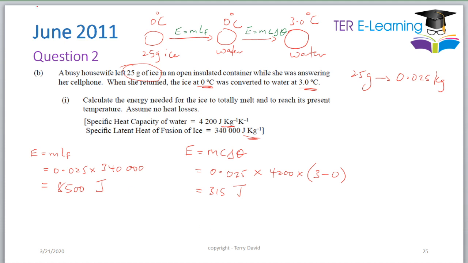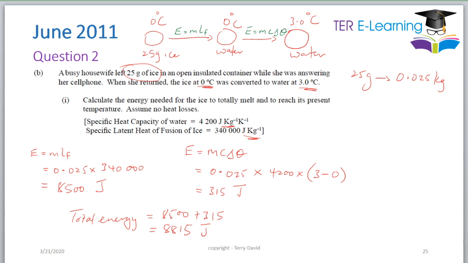So now my total energy will be equal to the 8,500 plus 315, and this will give me 8815 joules. All right, so I can't remember how many marks they give for this.